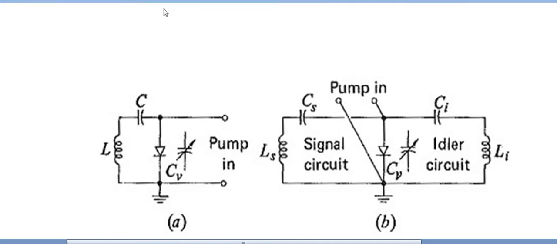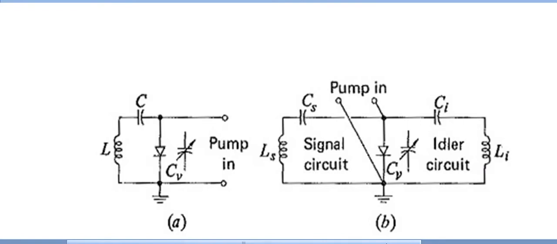The pump frequency tuned circuit has been left out in each case for the sake of simplicity. Note that nothing prevents us from taking the output at the idler frequency, and in fact there are a number of advantages in doing this.